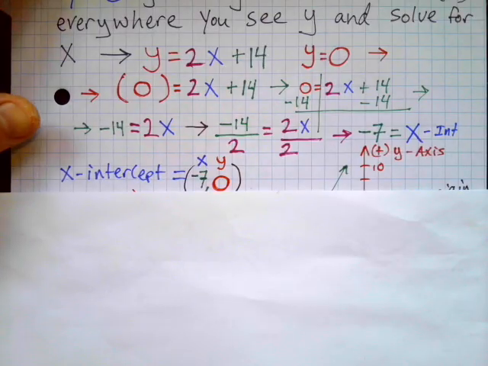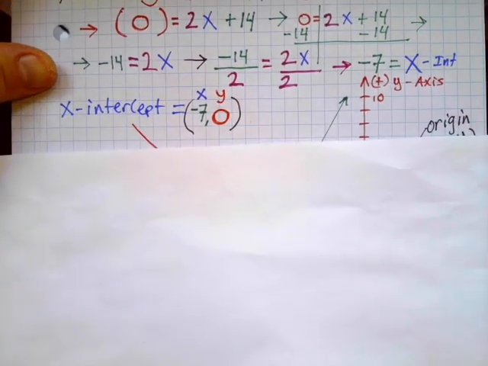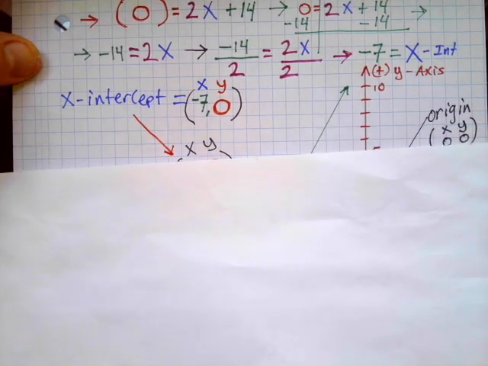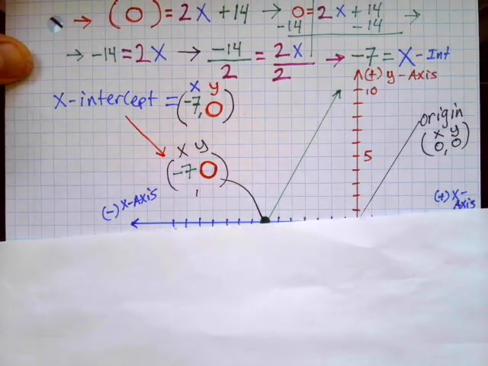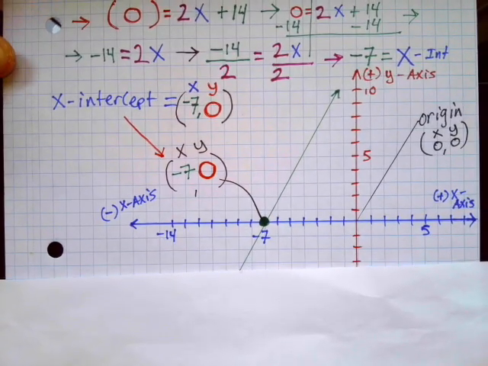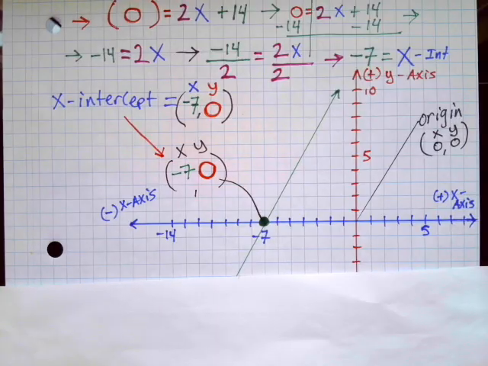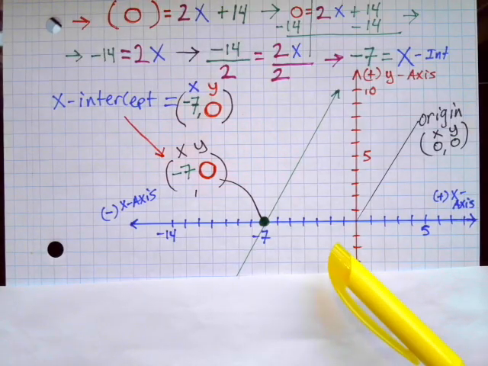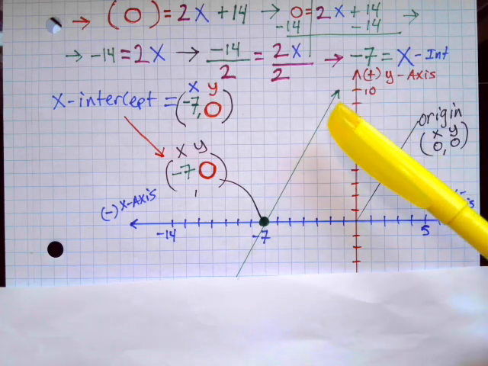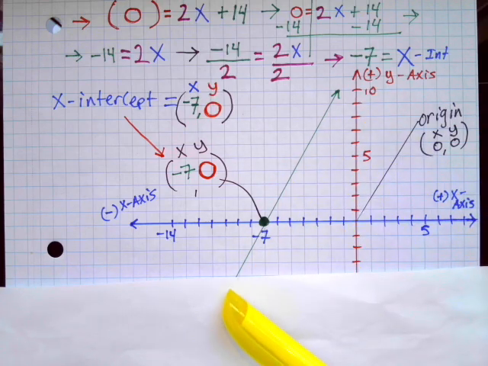All right, let's take a look. What does that look like on the graph? If I'm going too fast, please stop, pause, rewind as many times as you need to. That's the advantage of having a video in front of you. Now, I do want to say that this graphed line is not graphed to scale.